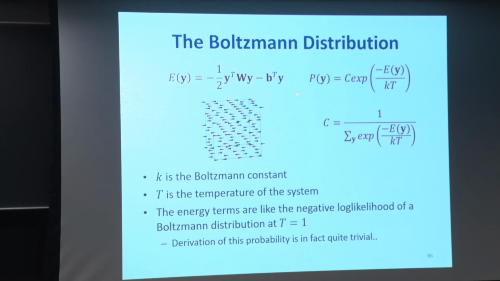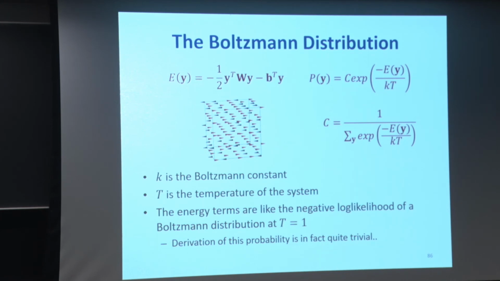But the probability of finding it in any specific configuration y is proportional to e raised to minus the energy of y, divided by kT, where k is the Boltzmann constant and T is the temperature. Now see the observed thing. When the temperature is very high, all of these probabilities are low, which means that the system is continuously changing its state. You can't identify any unique state which has a very high probability.